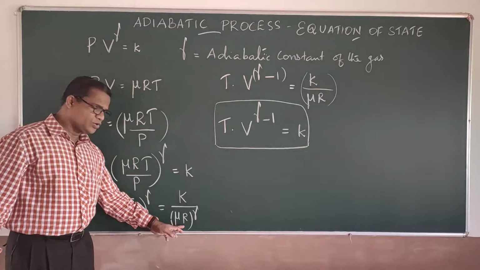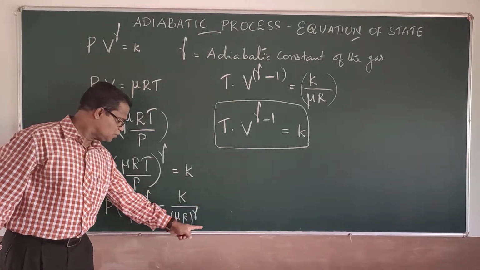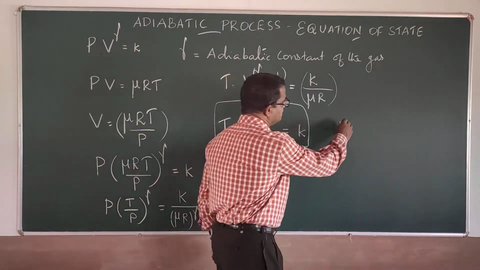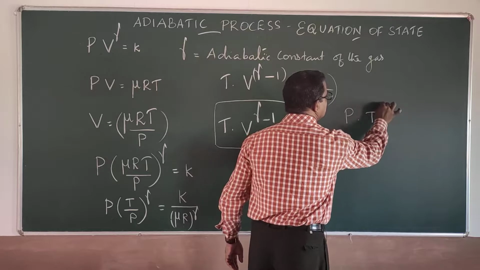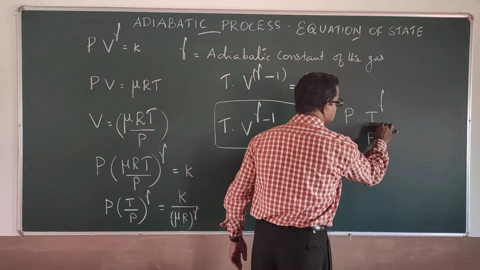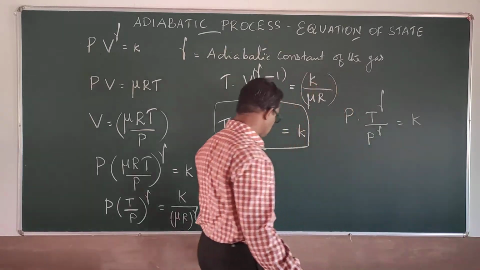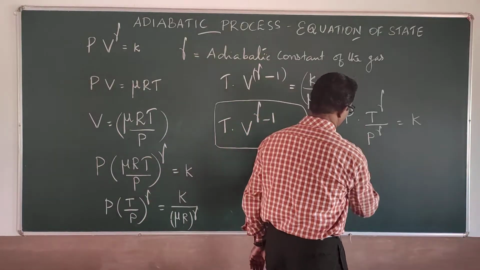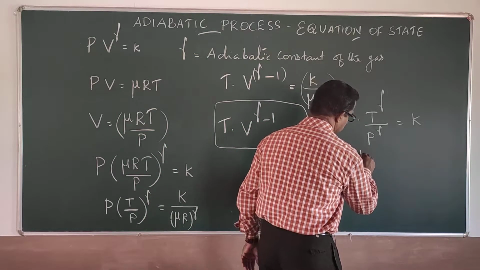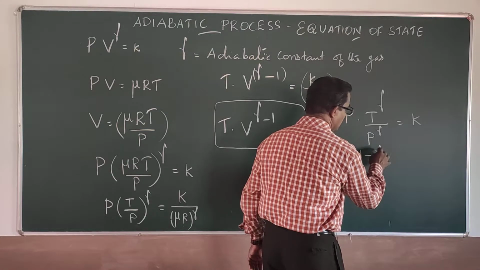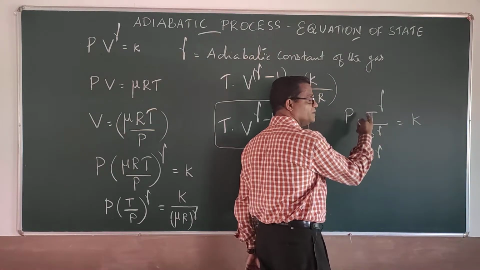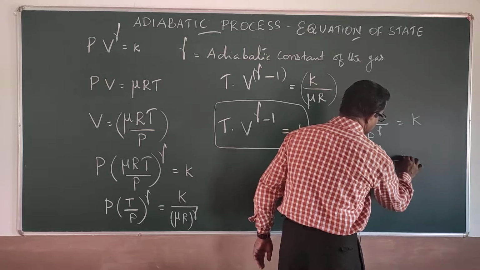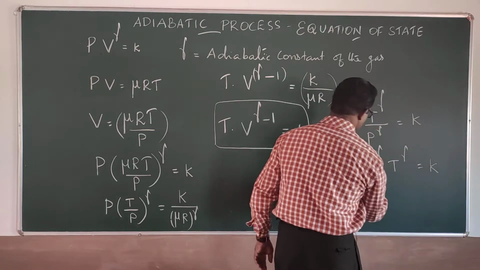So here mu and R constant, gamma is also constant, so right hand side the whole thing remains a constant, and therefore I get that equation written as P into T raised to gamma by P raised to gamma is a constant. So right hand side the whole thing I am taking it as a constant, as I told you. Therefore P raised to 1 minus gamma, because this P raised to gamma goes up as P raised to minus gamma. So together I can take it like this, into T raised to gamma is a constant.